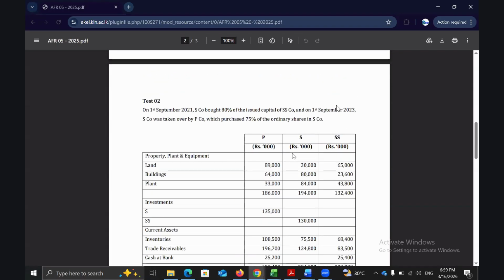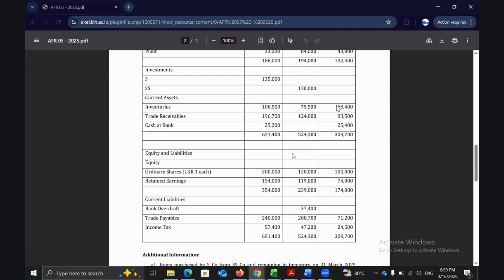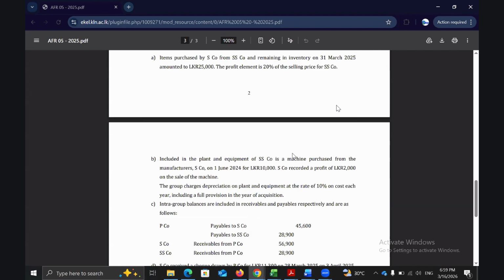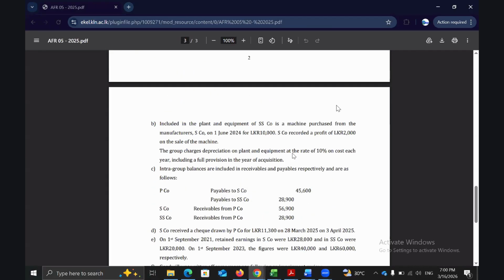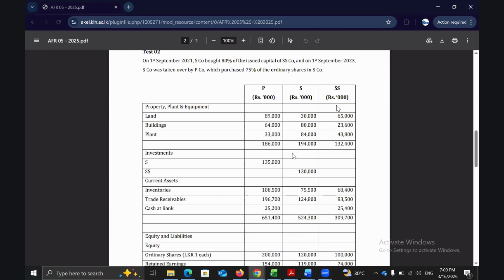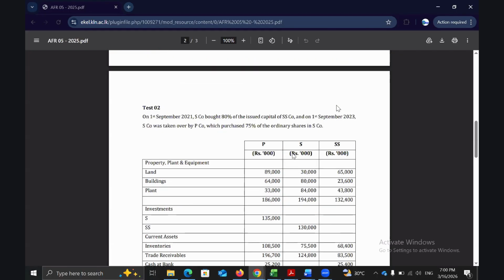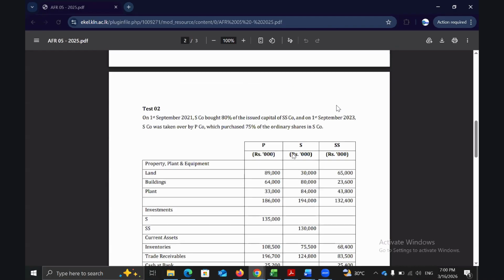If the fair value of the NCI is not given, we need to assume that the group follows the proportionate share of net assets method, because otherwise we do not have enough information to get the fair value of the NCI.